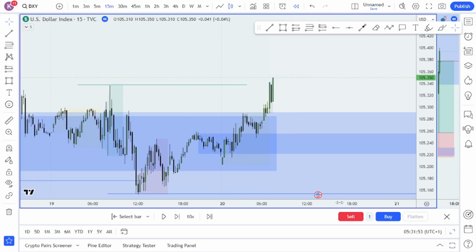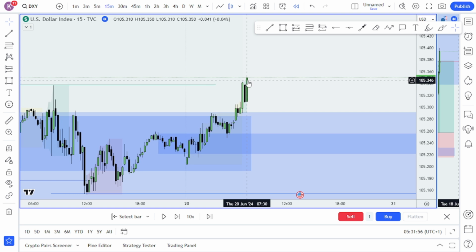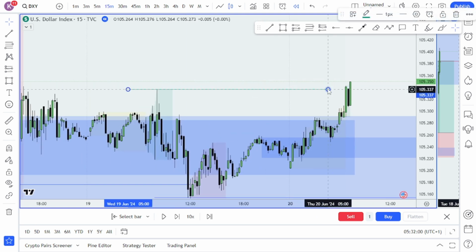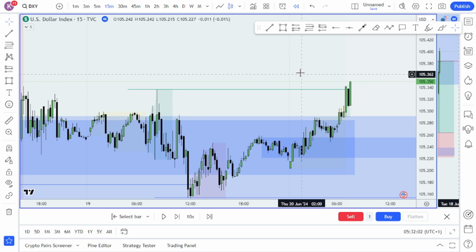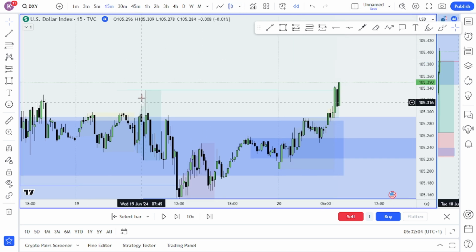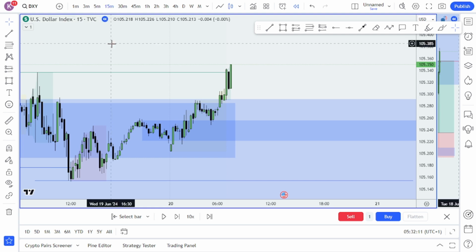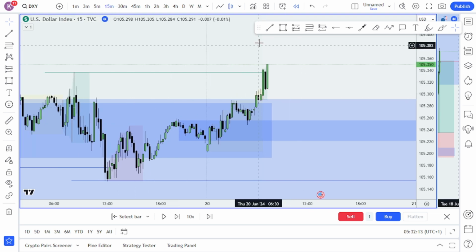So what did you notice? Around 7, price closed above here with body. Now all of these signs influence my draw on liquidity. How does it influence it? Because if it closes here with a wick, I'll be sure the next draw is down.